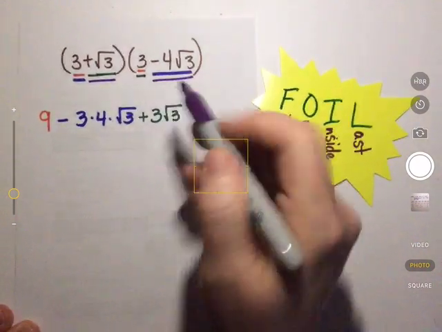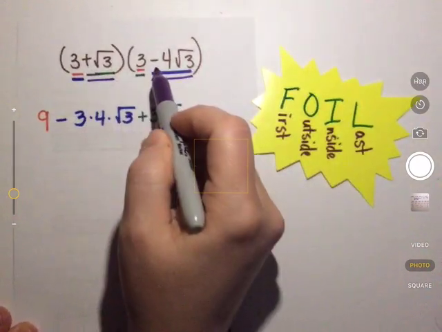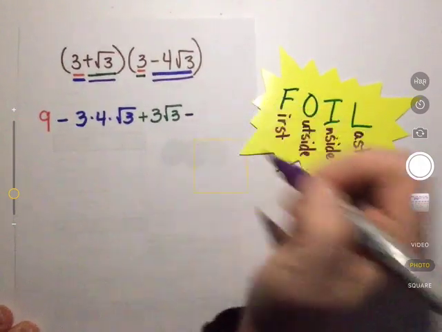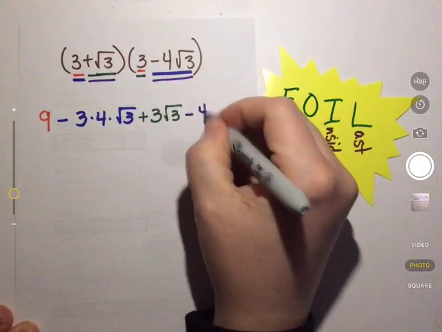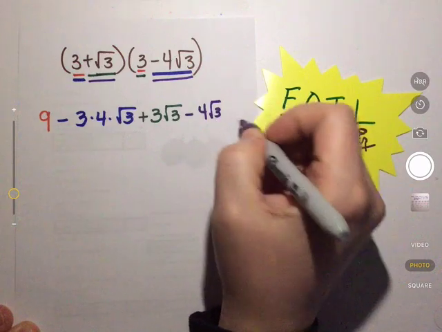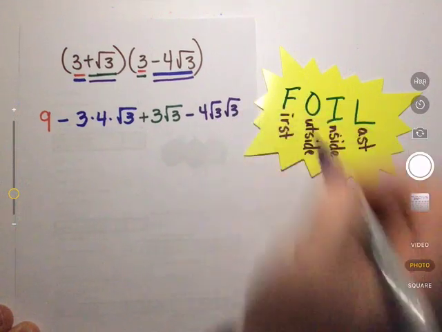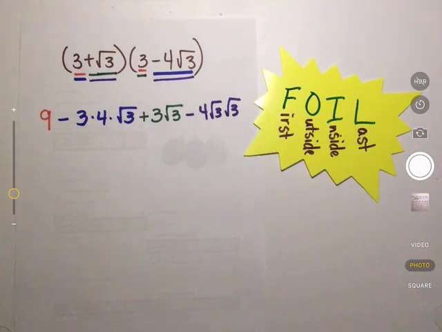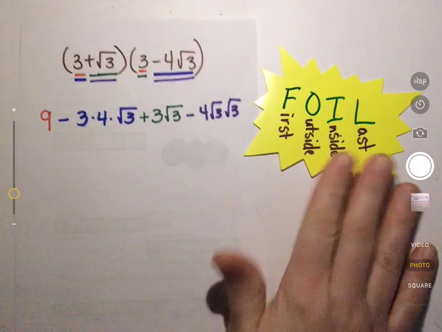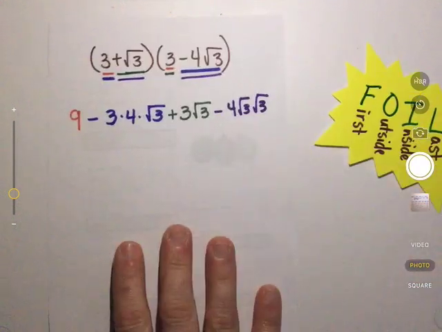So this is positive, this is negative. My sign is going to be negative. 4 square root of 3 square root of 3. It doesn't matter what order you write them in. I'm always putting my outside of the square root numbers first because that is how it's going to wind up. So we have FOILed, all right?